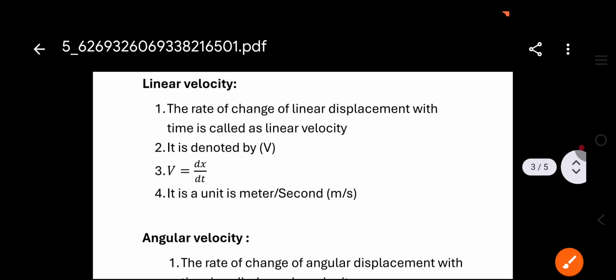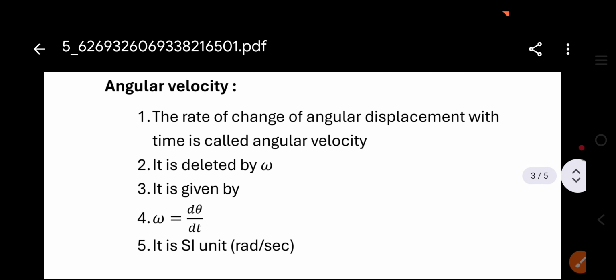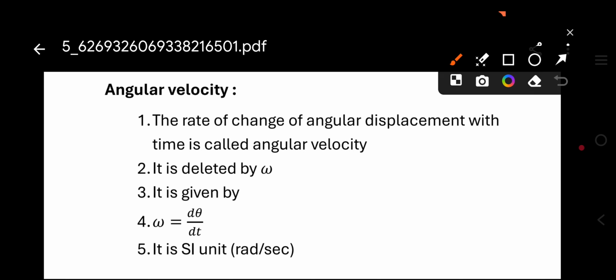Now another definition is angular velocity. The definition is the same as that of linear velocity. The rate of change of angular displacement with time is called angular velocity.